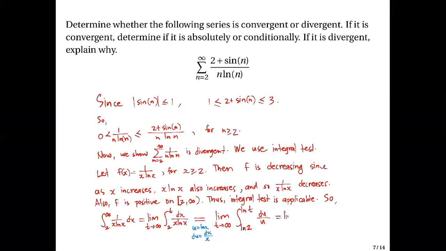So this is equal to the limit as t approaches plus infinity of ln absolute value of u. Okay? And we evaluate this at u equals ln of 2 and u equals ln of t.